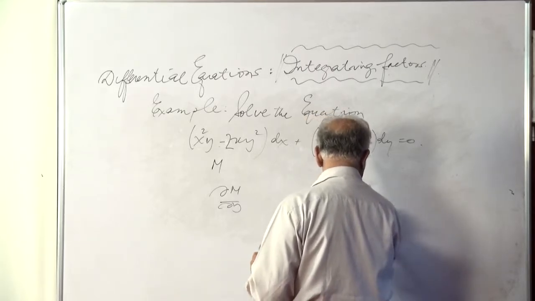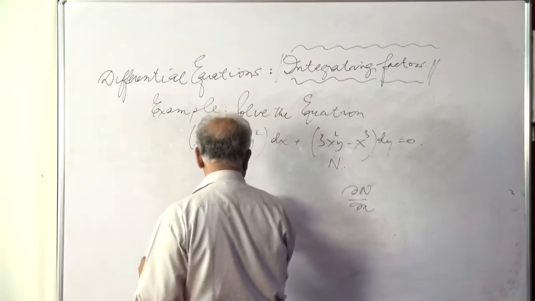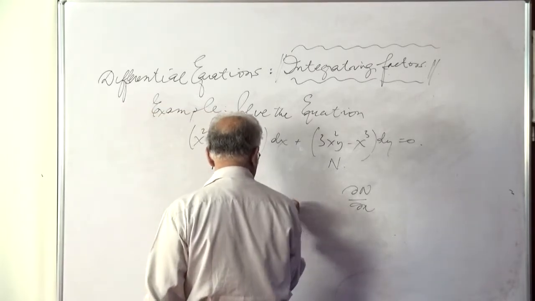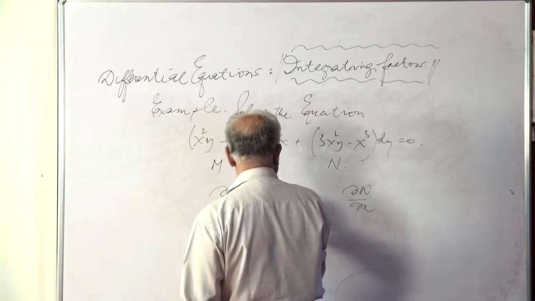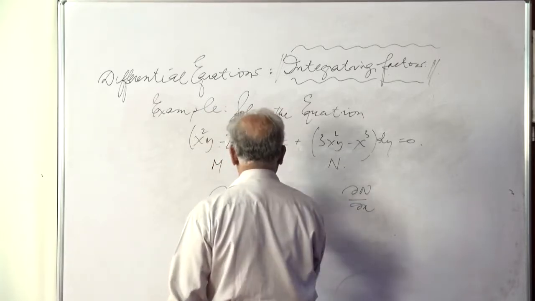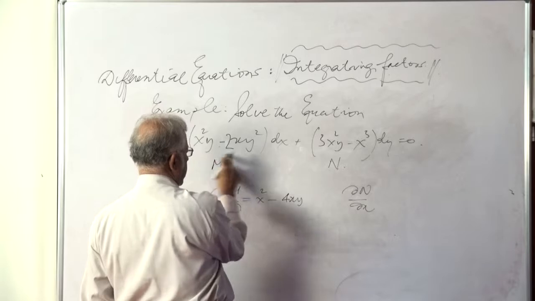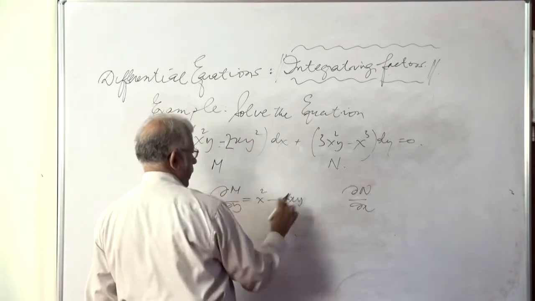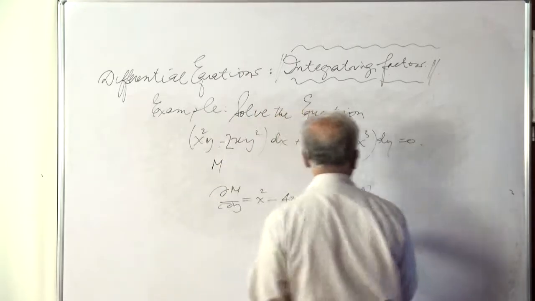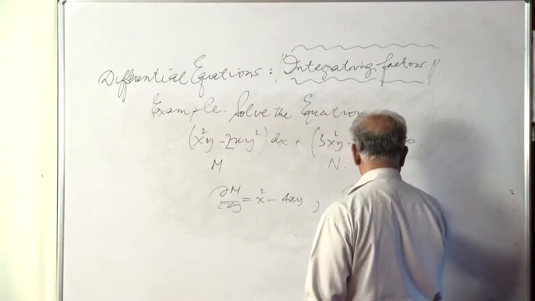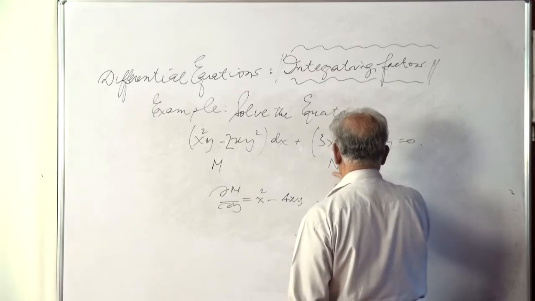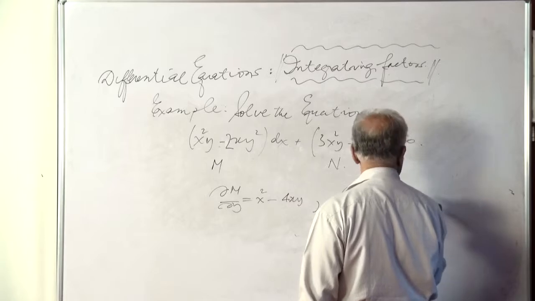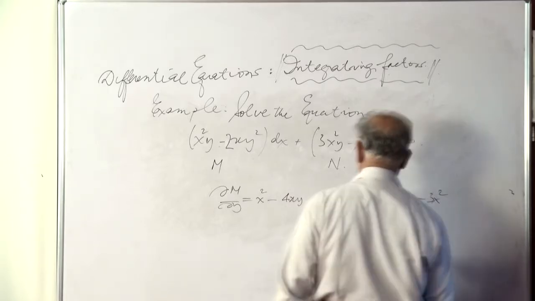So, we do these operations separately. Del M del y is equal to x square minus 4xy, that is differentiating this with respect to y, keeping x constant, and del N del x is equal to, differentiating with respect to x, keeping y constant, 6xy minus 3x square.